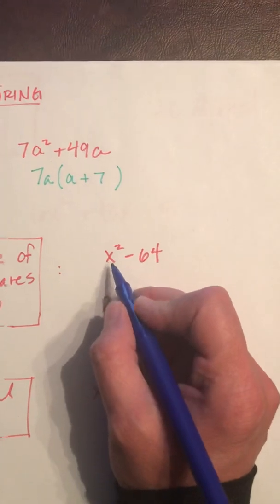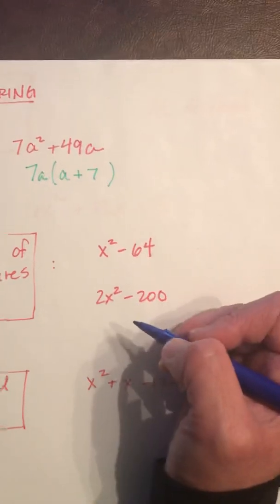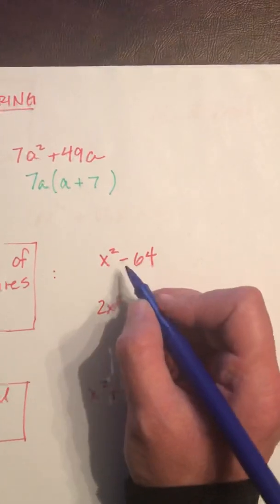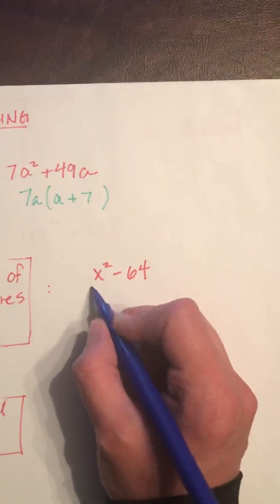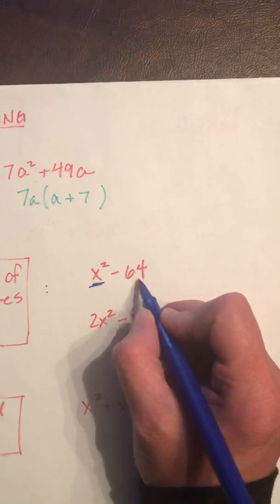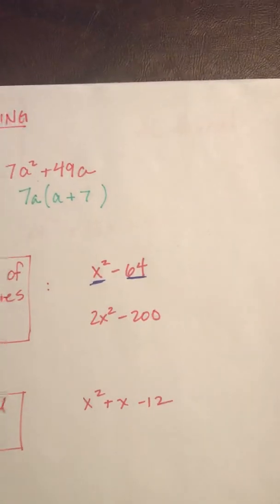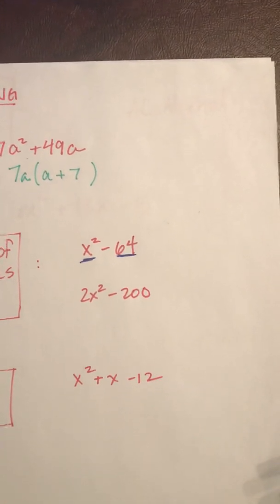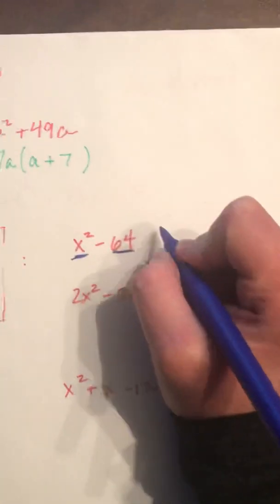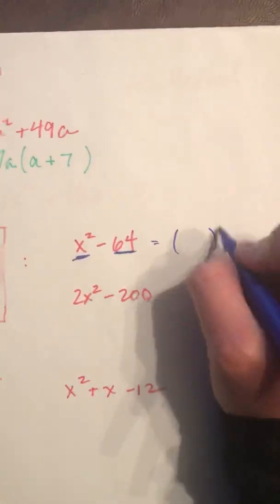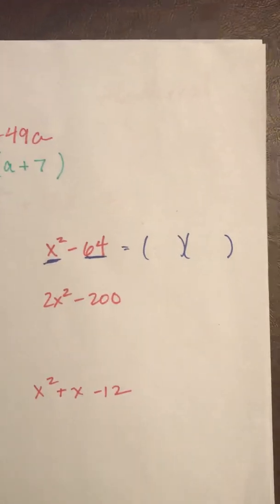So anyway, what happens is first you look for a GCF. And in my first example, x squared minus 64, there isn't a GCF between the two of them. Next, you notice that this x squared and this 64 are both perfect squares, so we can follow the pattern for a difference of two squares. How the pattern works is you set up two parentheses.